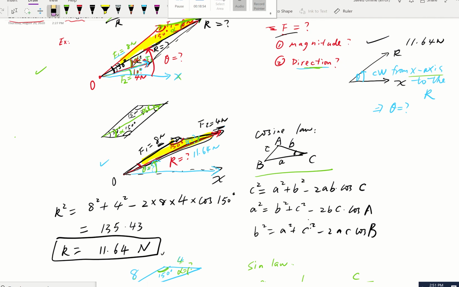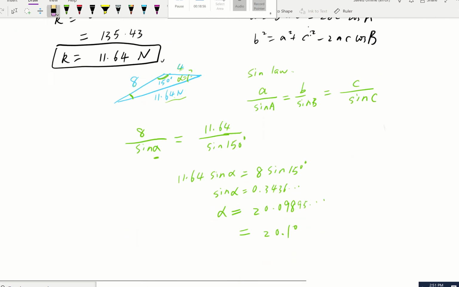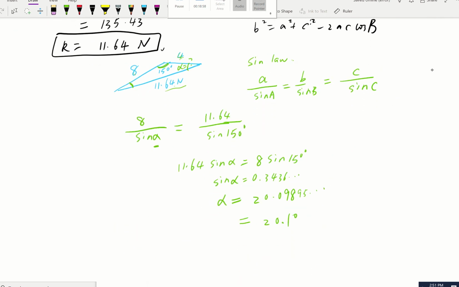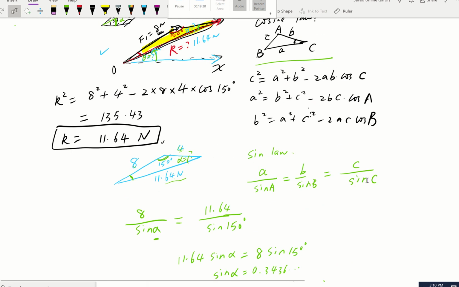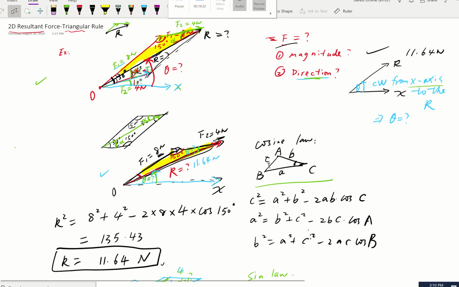Let me write it down at the bottom. So this theta, as we have concluded, is going to be equal to the 10 degrees plus this alpha. That's 10 plus 20.1. That's going to be 30.1 degrees. So we got theta as 30.1 degrees.